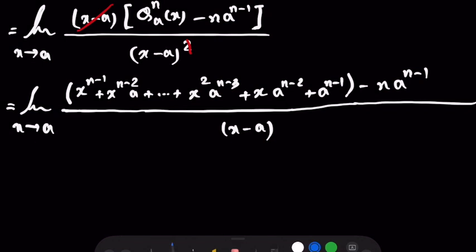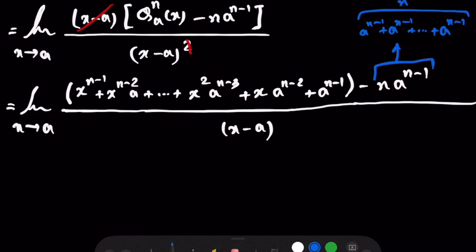For the next step, so here what we have is n a to the power of n minus 1. That means we have a to the power of n minus 1 added by itself n times. So it's like a to the n minus 1 plus a to the n minus 1 plus and so on, and it's n times.